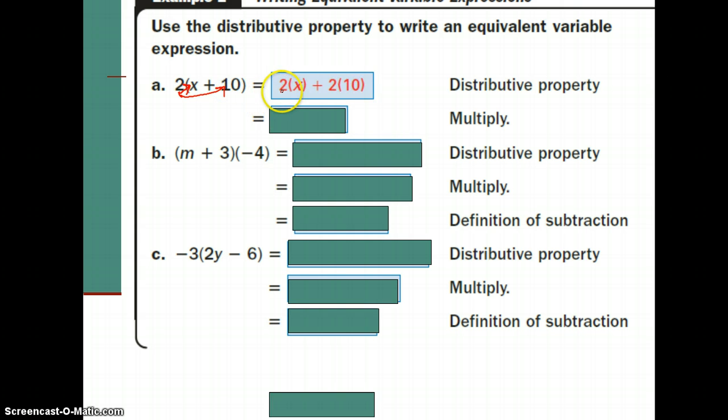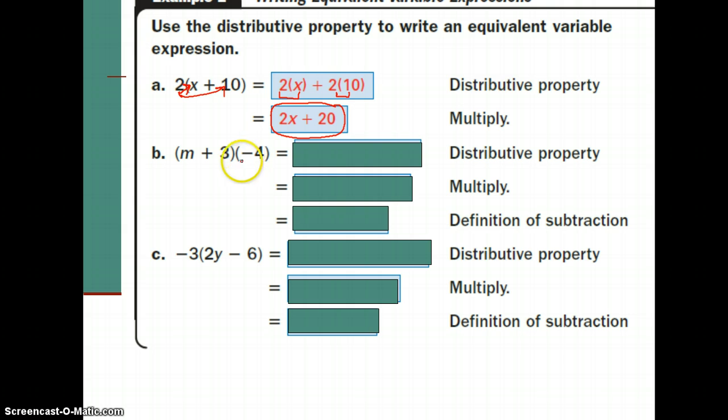So it will look like 2 times x plus 2 times 10. 2x you can't solve. So let's just bring down 2x, but I can solve 2 times 10, which is 20. Your answer is 2x plus 20.